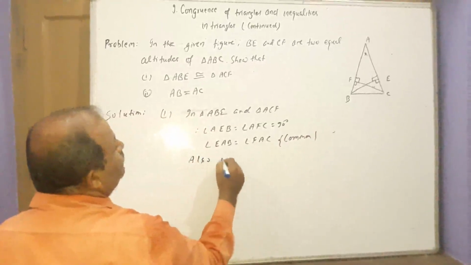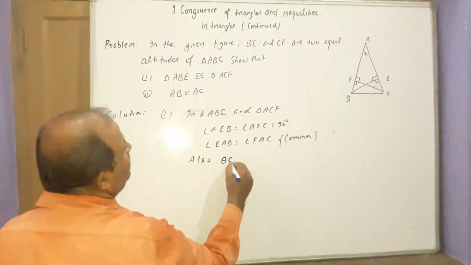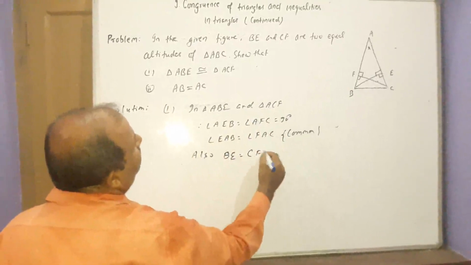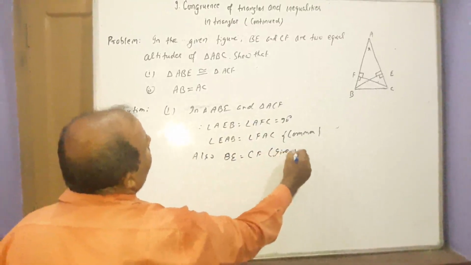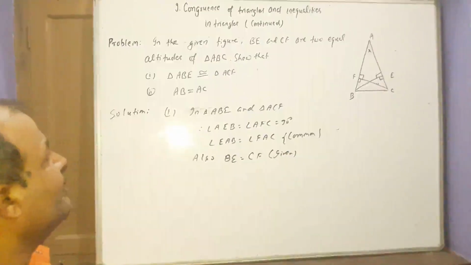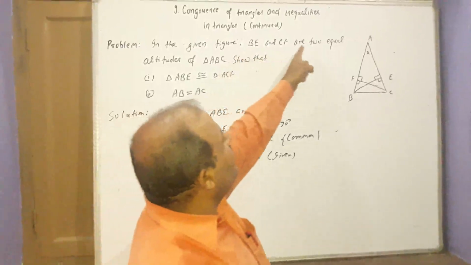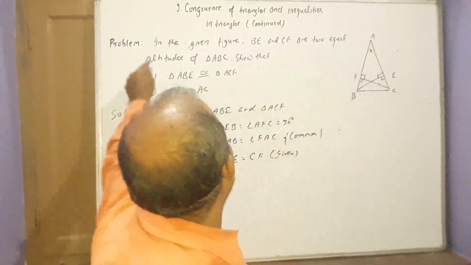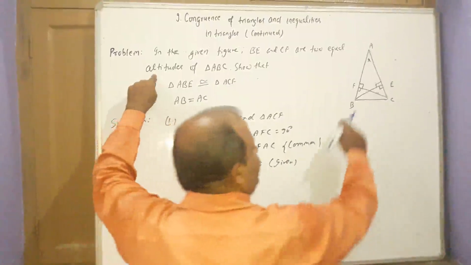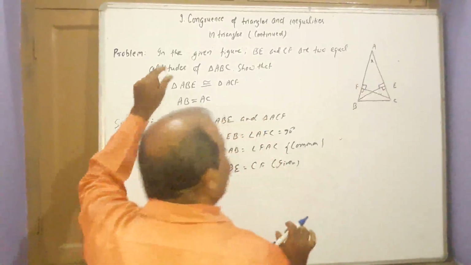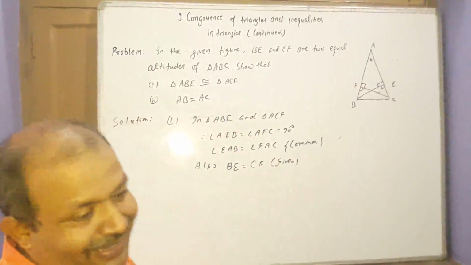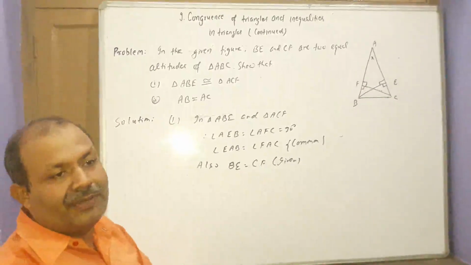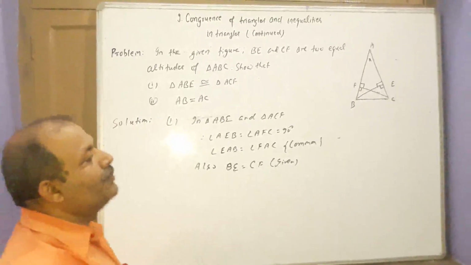Also, BE is equal to CF. This one is given. You are already given that BE and CF are two equal altitudes. Altitude means, by definition, the perpendicular drawn from a vertex to its opposite side.